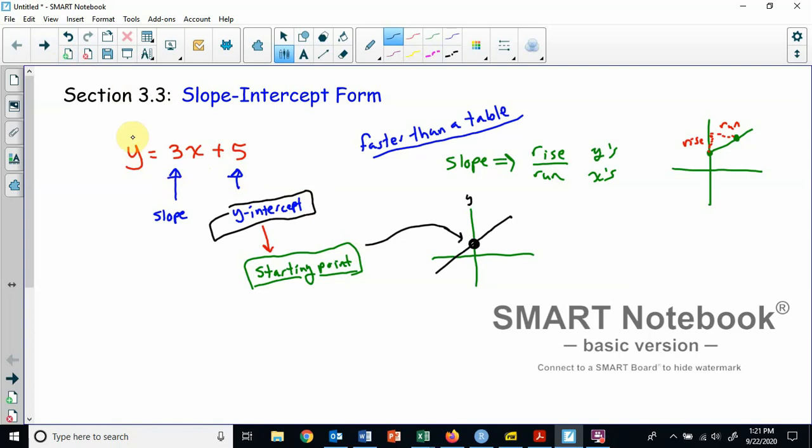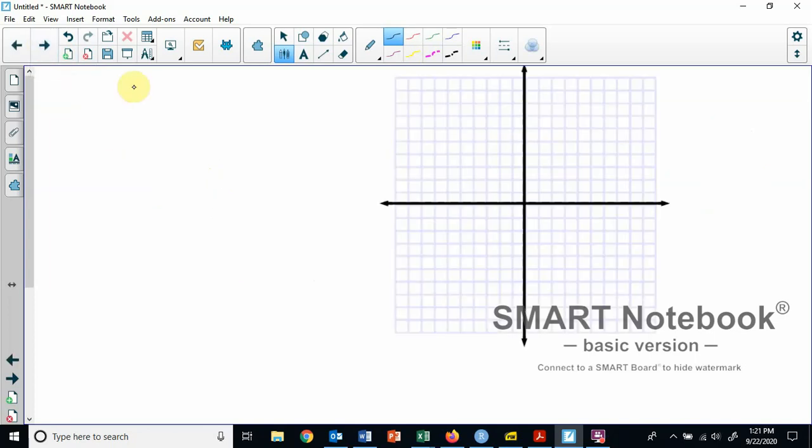Now, I will tell you the letters they use in the textbook for these things are an m for slope, which we already mentioned, and they use a lowercase b for y-intercept. So let's get started with some examples of using this to graph. Let's start with y = -3/2 x + 4.